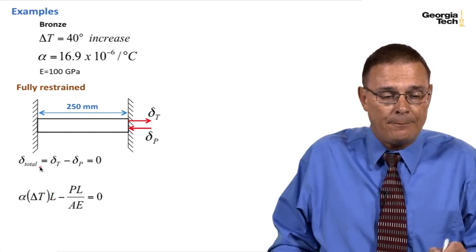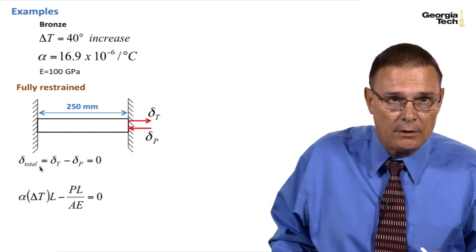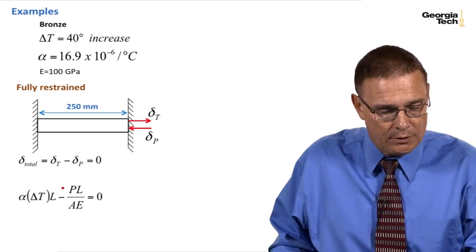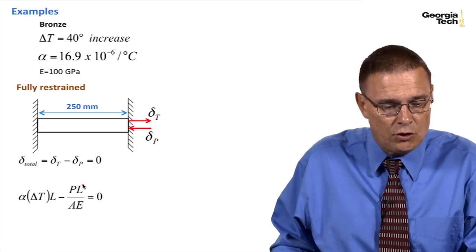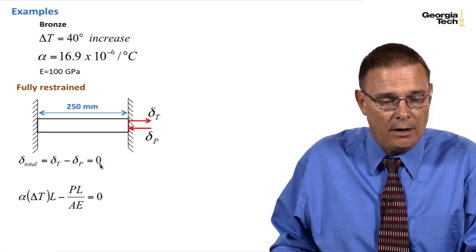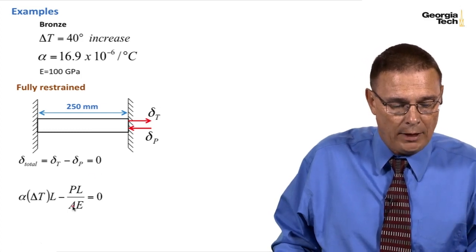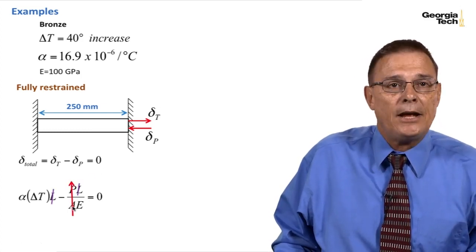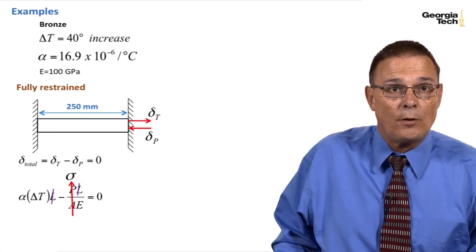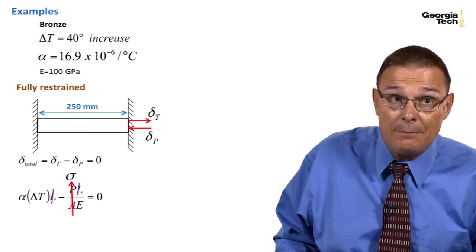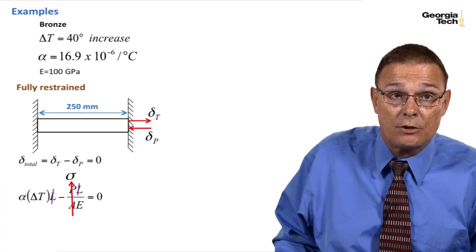And we know that as long as we make the linear elastic assumption, the deformation due to the normal force is going to be PL over AE. And the L's will then cancel. I see that P over A is going to give us the sigma that the bar is going to experience, or the stress.